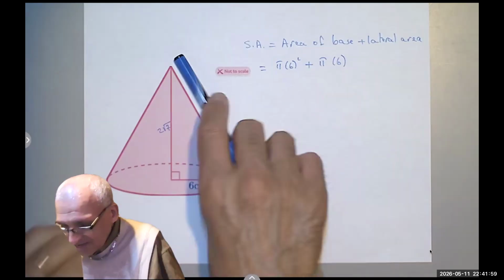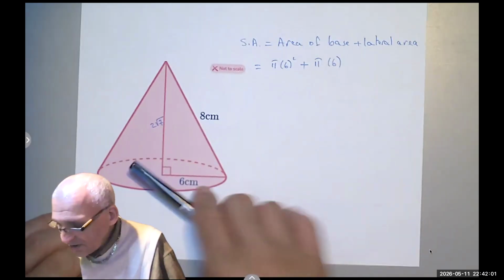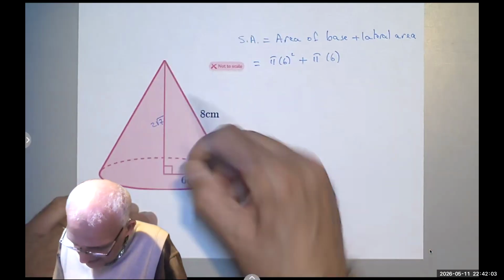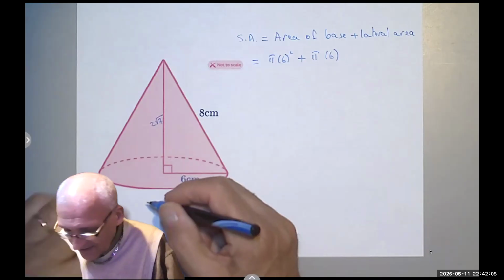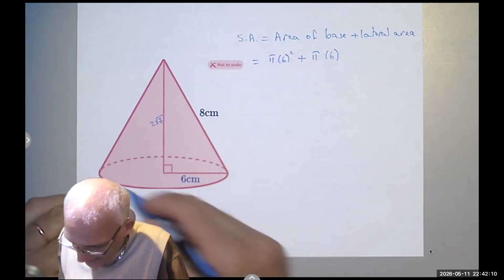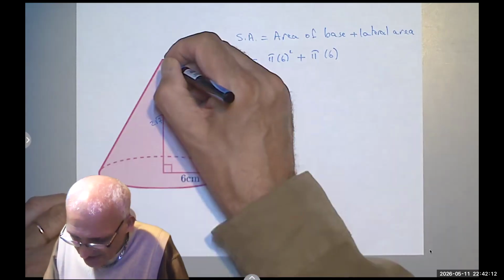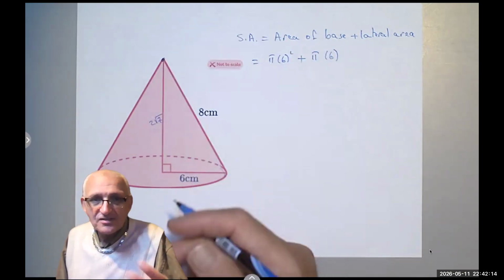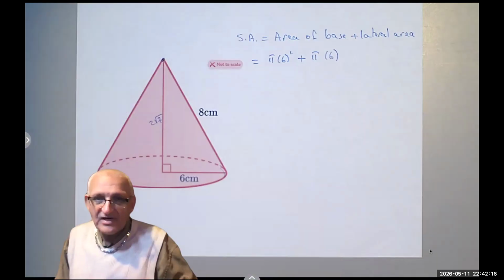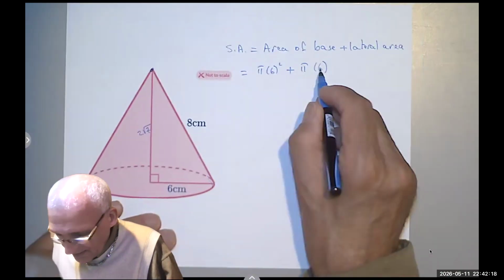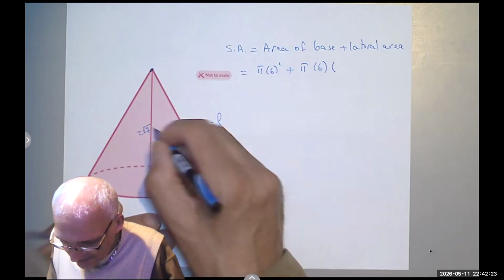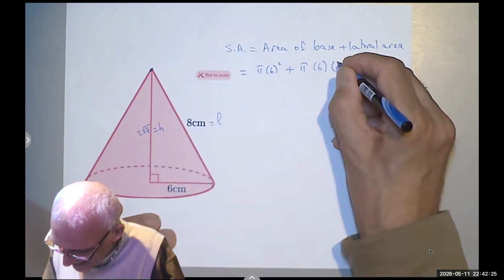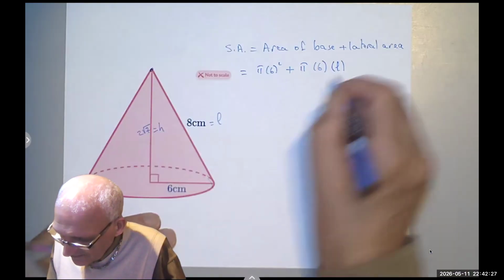But when we calculate the surface area of a cone, we multiply pi r, not 2 pi r, just pi r. Think about it like the bottom is 2 pi r, the top is 0, and you take the average. So it's 2 pi r plus 0 divided by 2. It becomes pi r times L, not height, times L, which is 8.